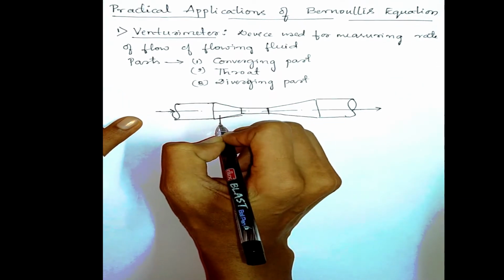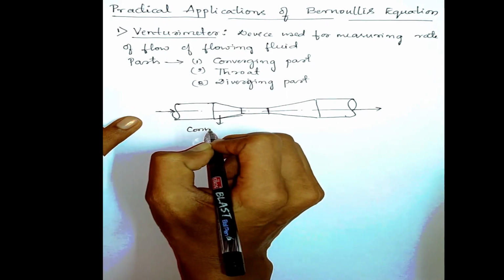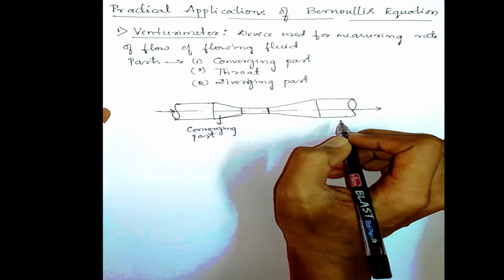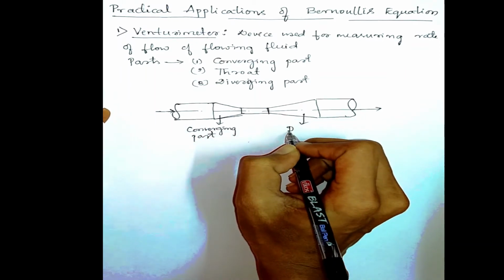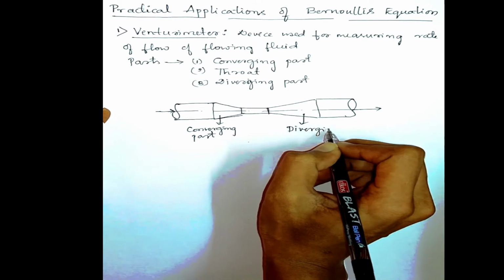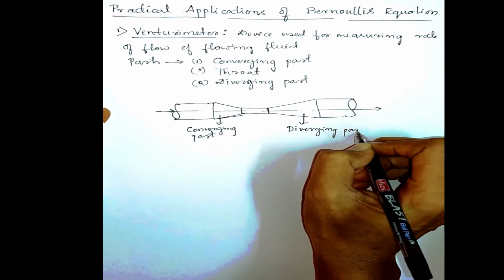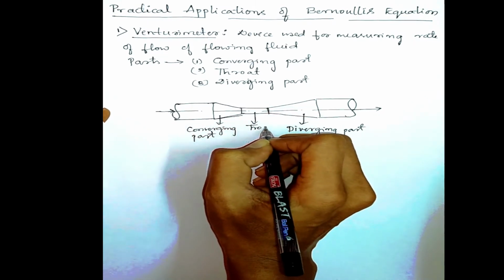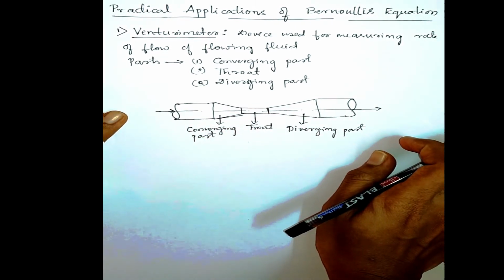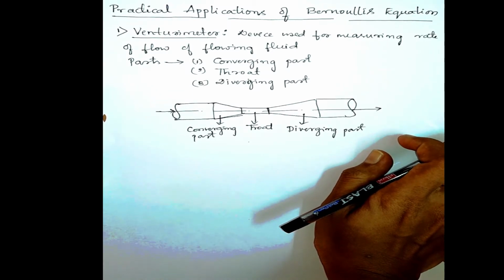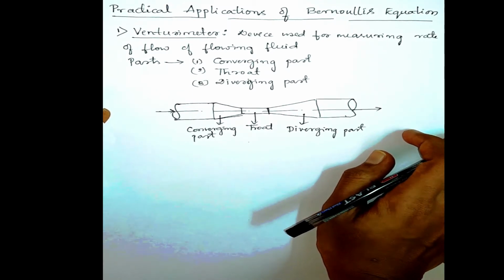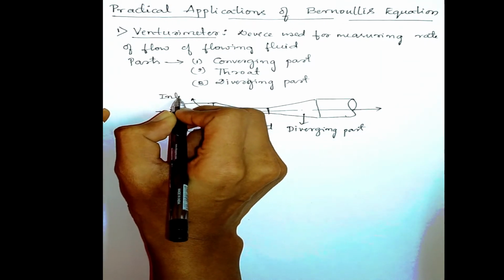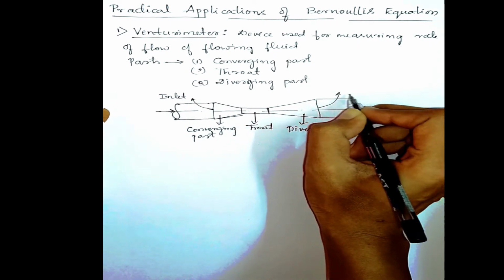This is the converging part, this is the diverging part, and this is the throat. These are the three parts of the Venturi meter, and this section is the inlet and this is the outlet.